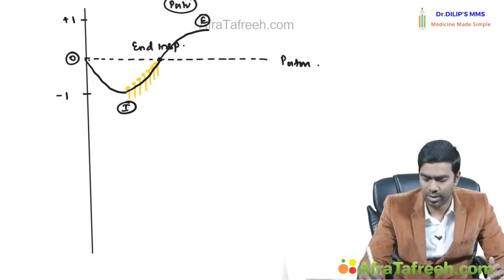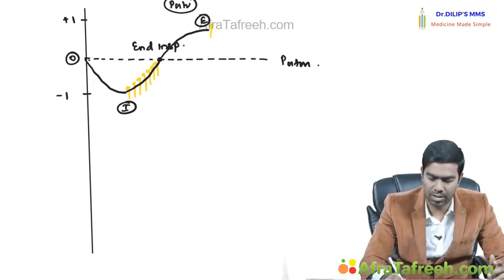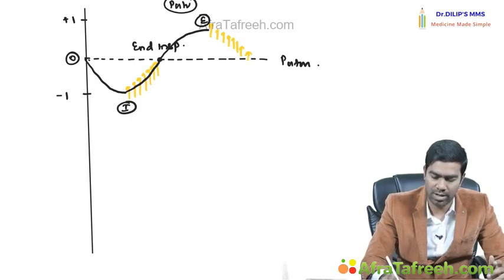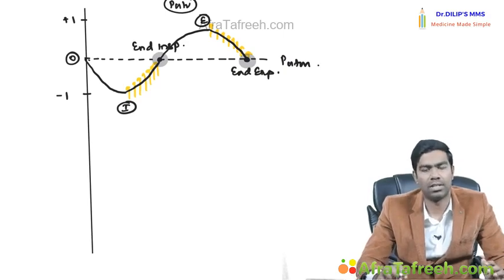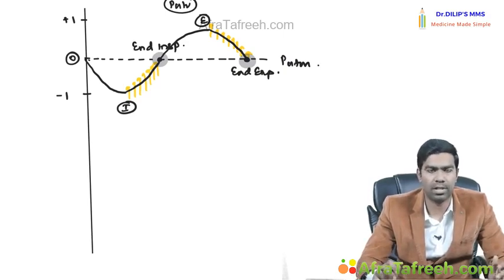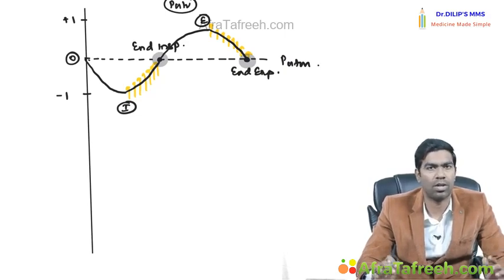Now this increased pressure will cause the movement of air out of the lungs and the chest cavity, resulting in recalibration of pressure back to zero. This is what happens during end expiration. You can clearly see at the end of inspiration and the end of expiration, the pressure is zero only. During the inspiration and expiration processes only, you are having a negative as well as positive pressure respectively. Very important concept.